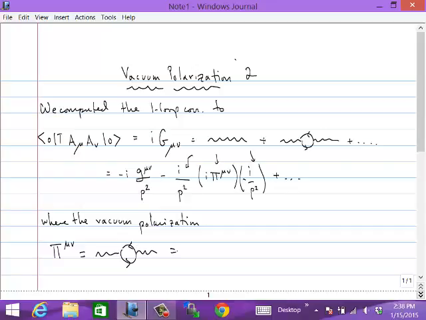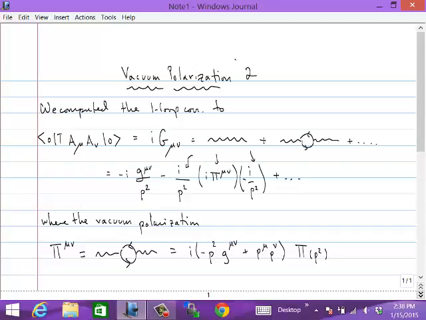And last time we argued that by gauge invariance, using the fact that this propagator must satisfy the Ward identity, this has to be of the form G mu nu plus P mu P nu over P squared times some function, which we called pi without any indices.